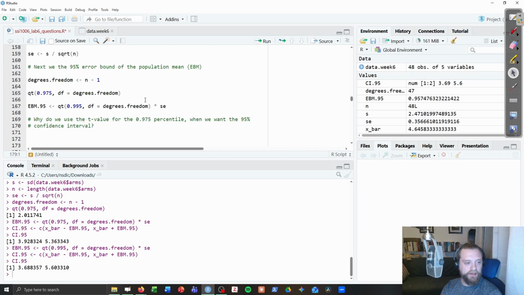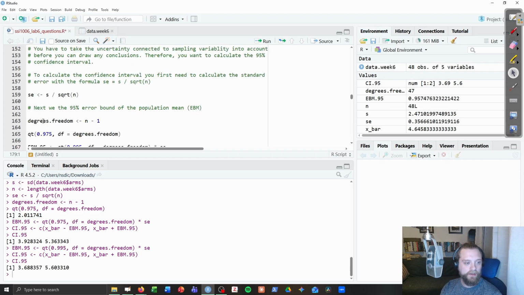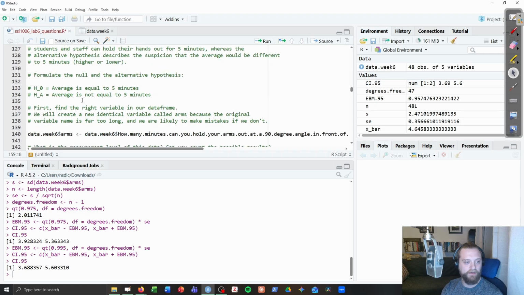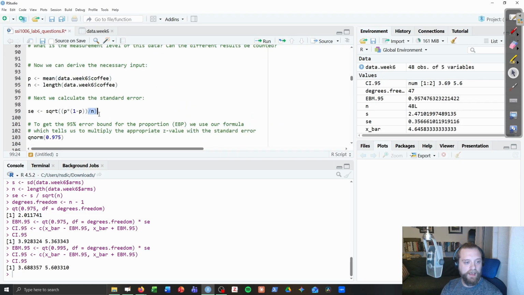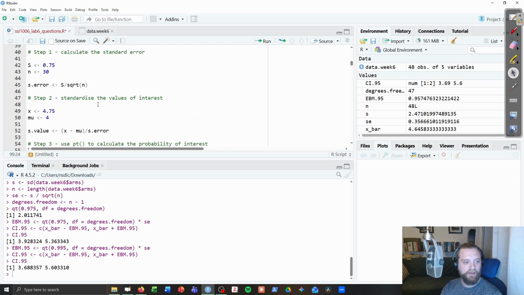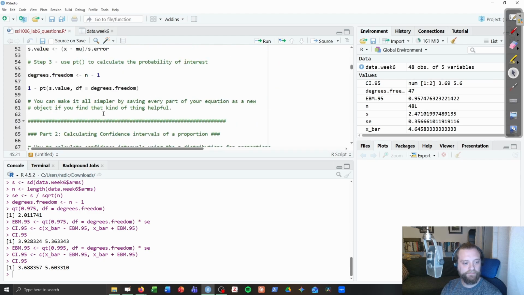Now, the only way we can get out of this trap of higher confidence means a broader spread of values is actually by changing the n. Because you might notice that n is always on the denominator of this standard error calculation. So we're always dividing by some product of n. Here, n is on the denominator, and of course here too.